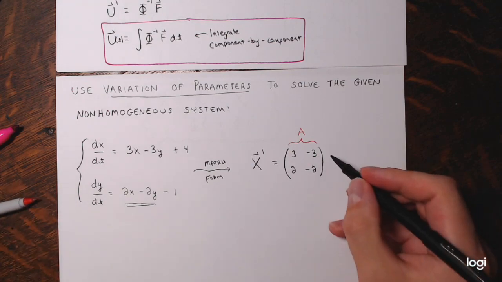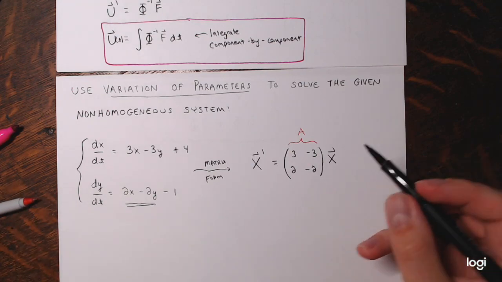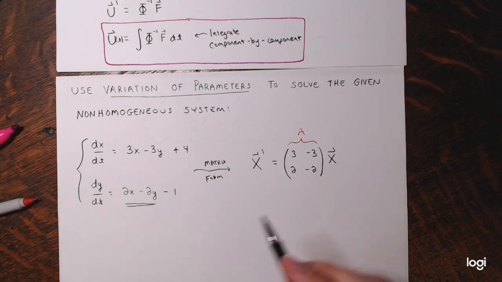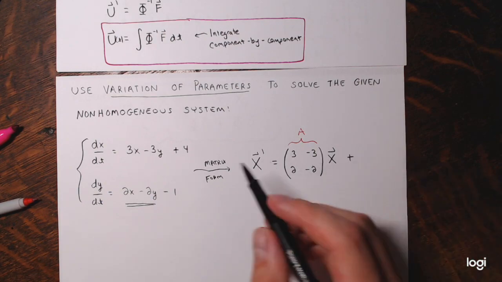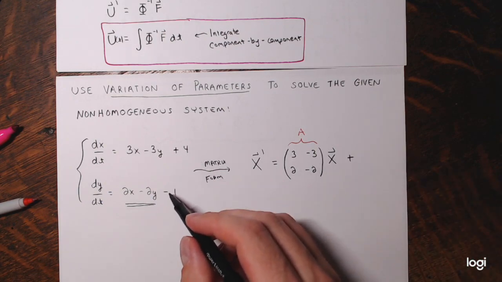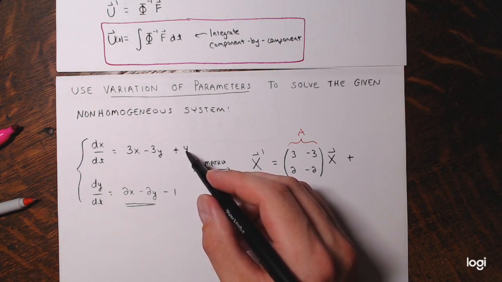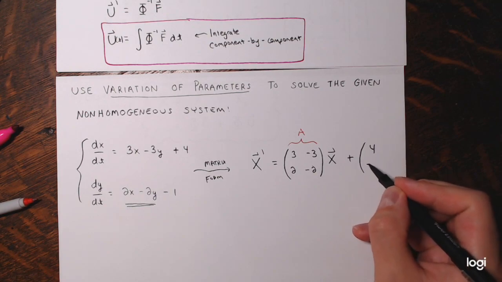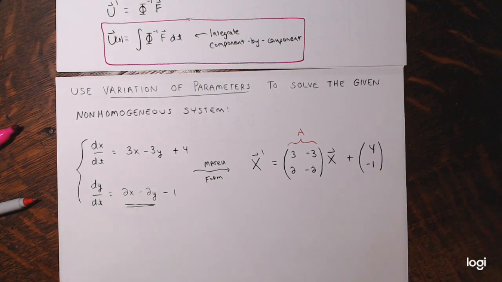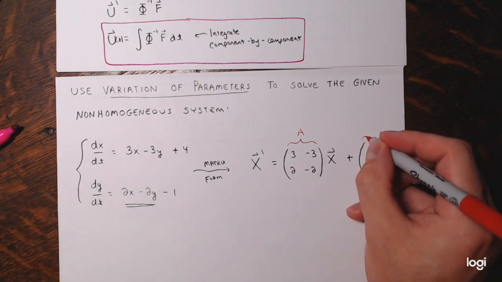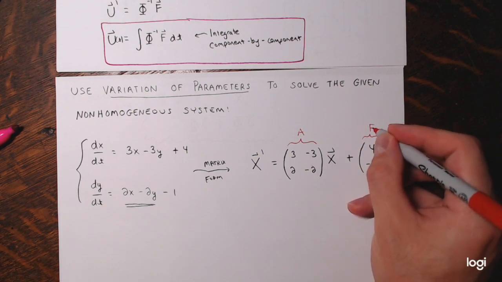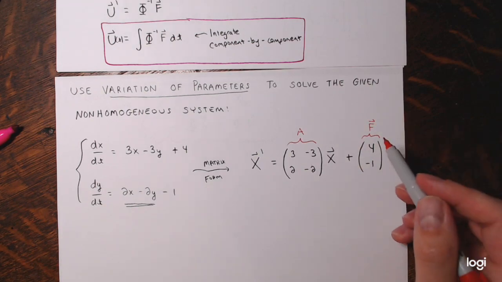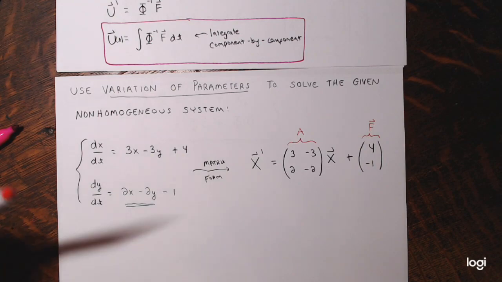And then times vector x, which is made up of the functions x of t and y of t, and then plus the vector with the stuff left over that doesn't have a function x and y attached to it, 4, -1. Just the vector with these constants, 4, -1, and that's the vector f, which is again non-zero, making this a non-homogeneous system.